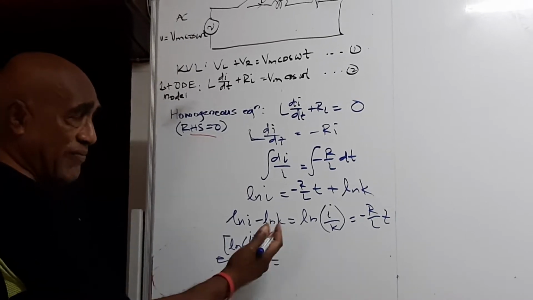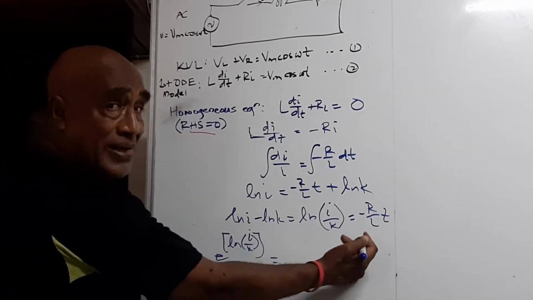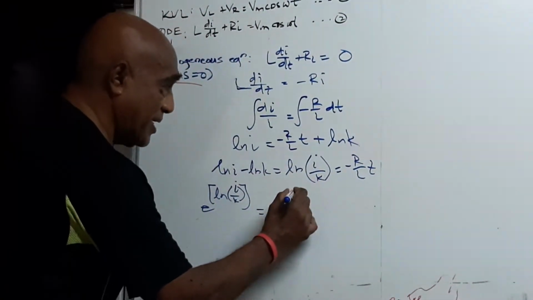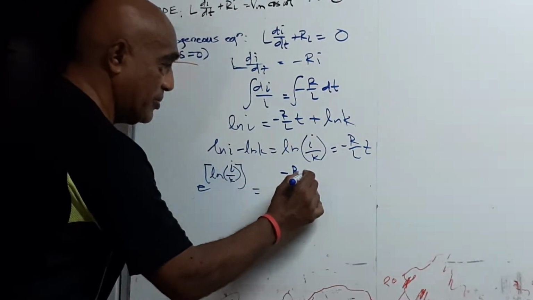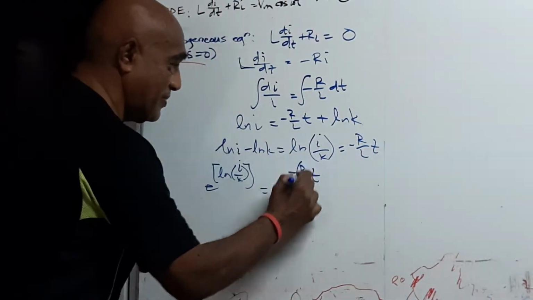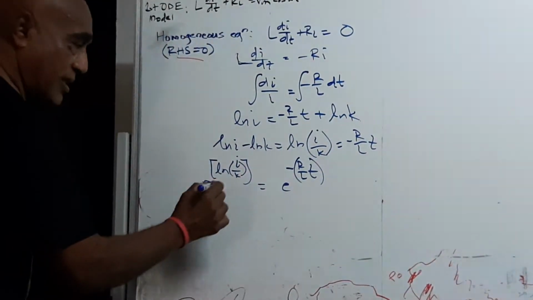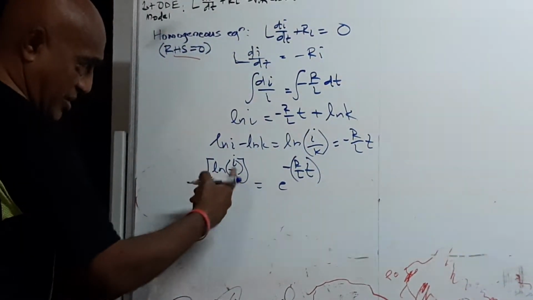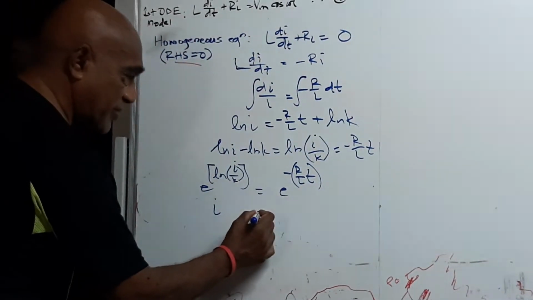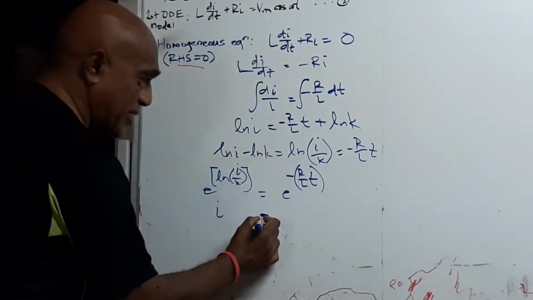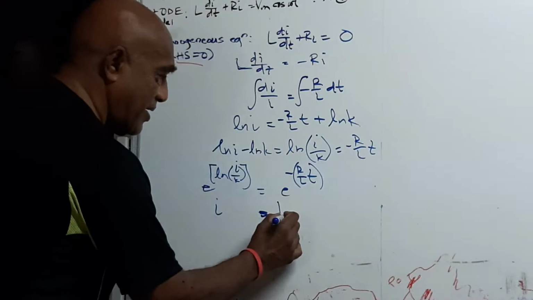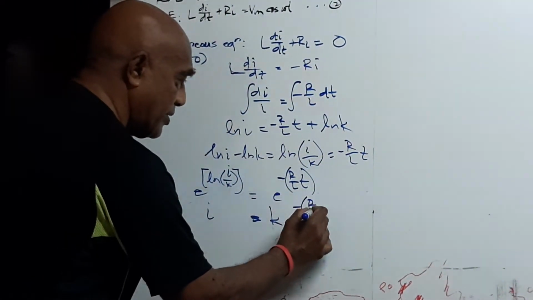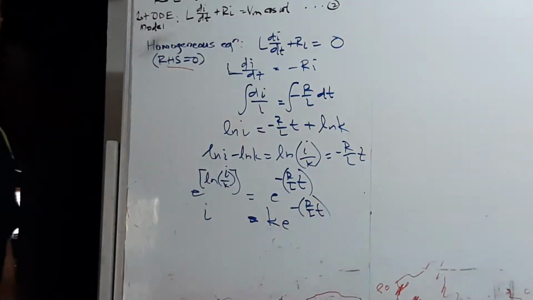Whatever we do to the left hand side of the equation, we must do on the right hand side of the equation. That is equal to e to the minus R over L t. So i over k, we can cross multiply with the k, so it becomes k e to the minus R over L times t.